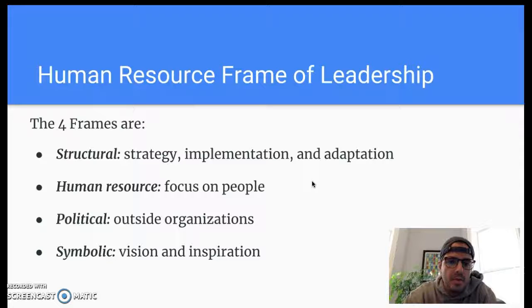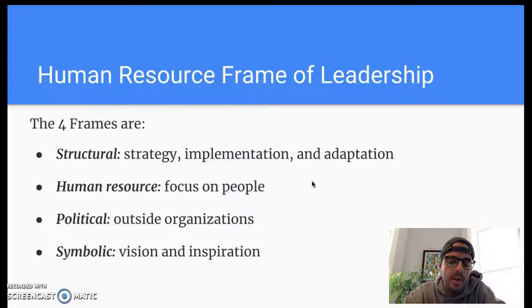The next frame is the human resource frame, and this approaches problems that come up by focusing solely on the people involved. The idea here is that with focus on people, you can solve the issues without having to do too much else.